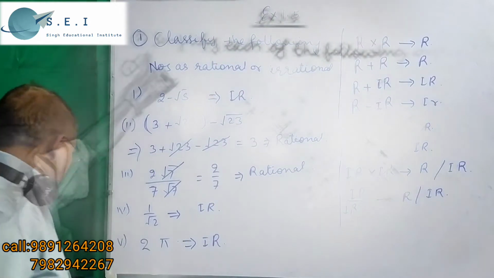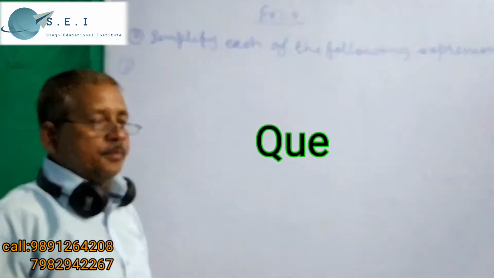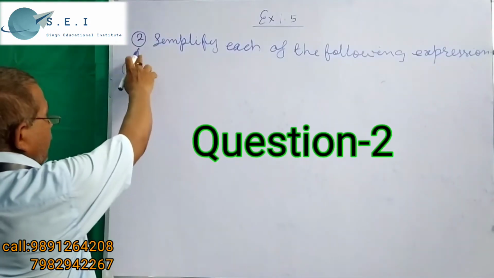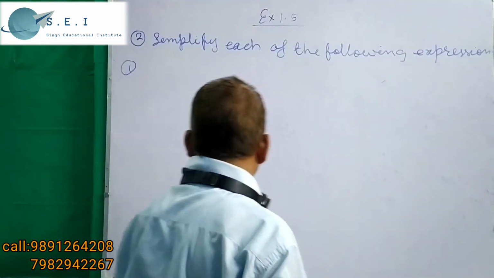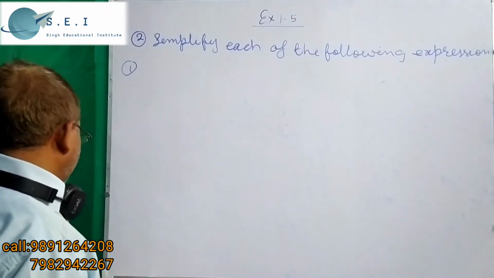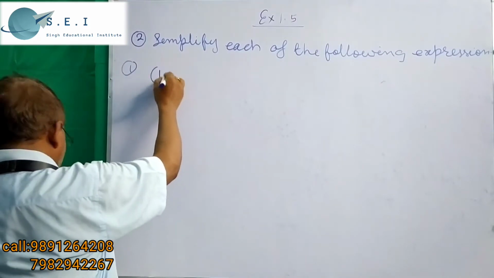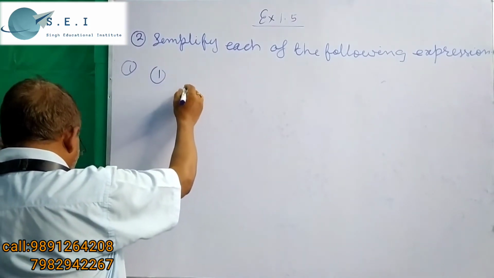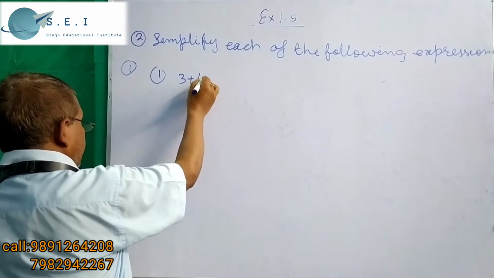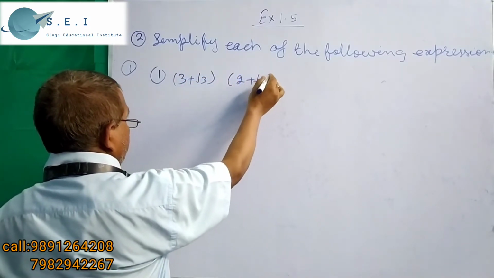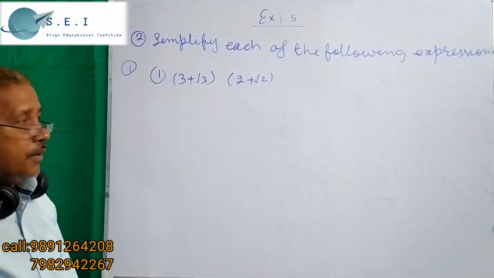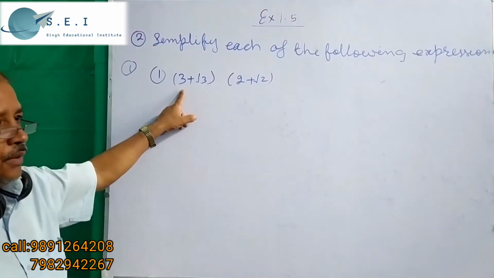Question number 2 from exercise 1.5. The first part of the question is: simplify each of the following expressions. The first part is 3 plus root 3 into 2 plus root 2. Consider the distributive property.